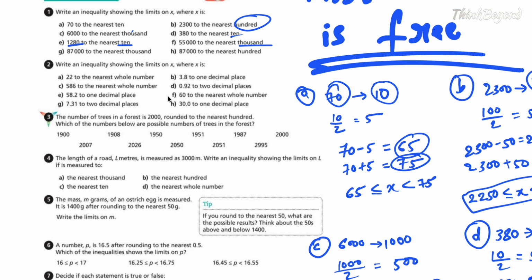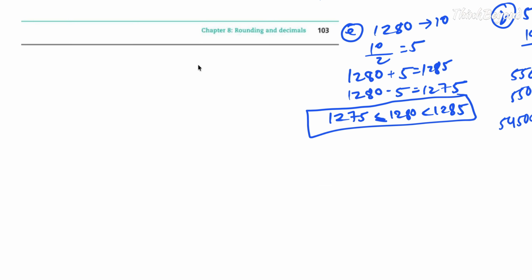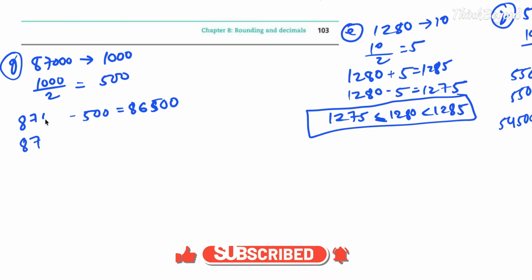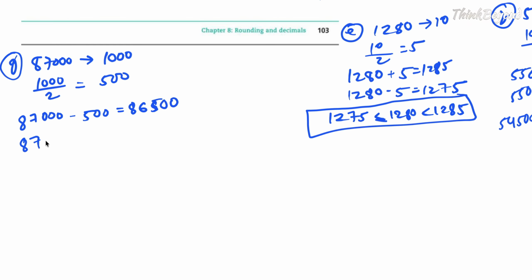Now question number G. 87,000 to the nearest 1,000. Half of 1,000 is 500. So now 87,000 plus 500 will give you 87,500, and 87,000 minus 500 will give you 86,500.